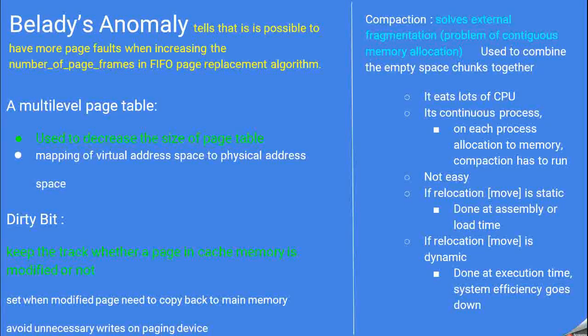It has to run at execution time, and system efficiency goes down because it requires a lot of CPU, and everything the CPU is doing has to halt for microseconds to do the translation of those partitions so that it can club the allocated and unallocated space.